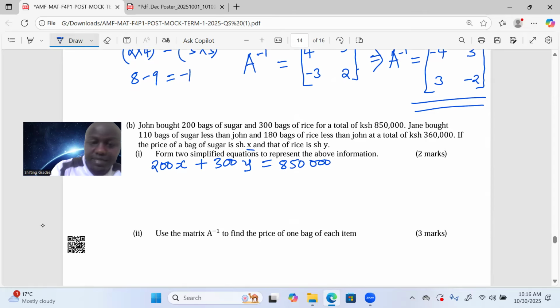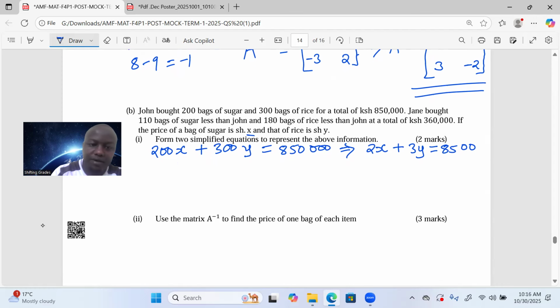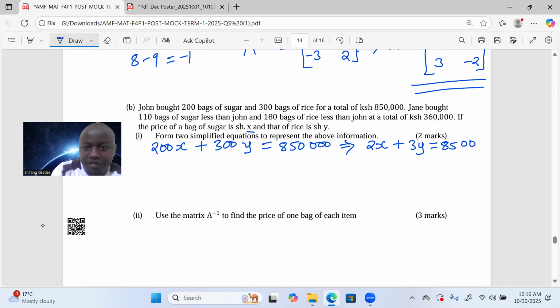Can we simplify this? Yes. This will be 2x plus 3y equals 8,500. I'm dividing through by the zeros, 2 zeros instead of 4 zeros now. What about the second information?